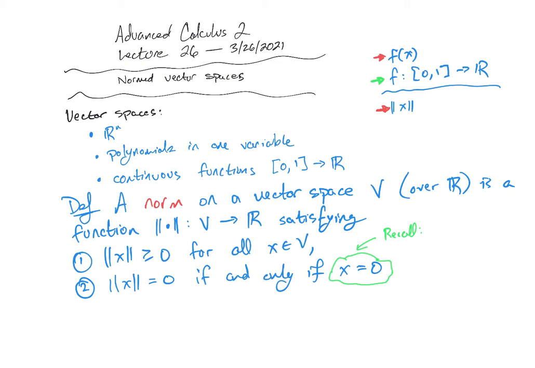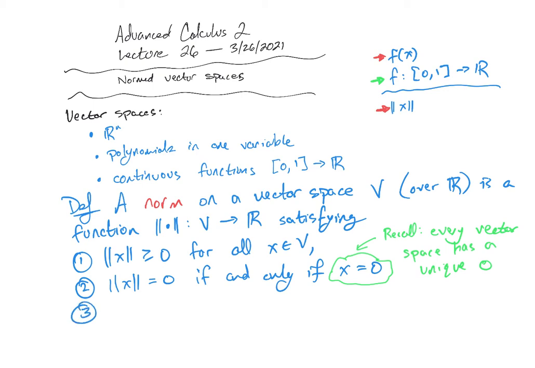Here, we didn't go through the vector space axioms, and we're not going to. I just want to recall that every vector space has a unique 0, and we'll just be denoting that 0 vector as 0.